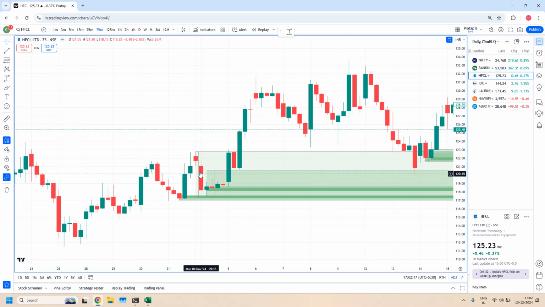Another 15 minute zone, we have a drop base rally. Of course, here you have a drop base rally 75 minute zone. Actually, I drew 15 and 5 minutes, but still 75 minutes also you can draw.